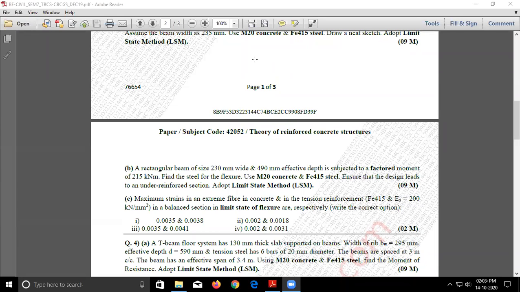Have you checked, or you just... Okay, same section dimension or the same problem you're talking about? Okay, acha, so have I given this question in the assignment or what?